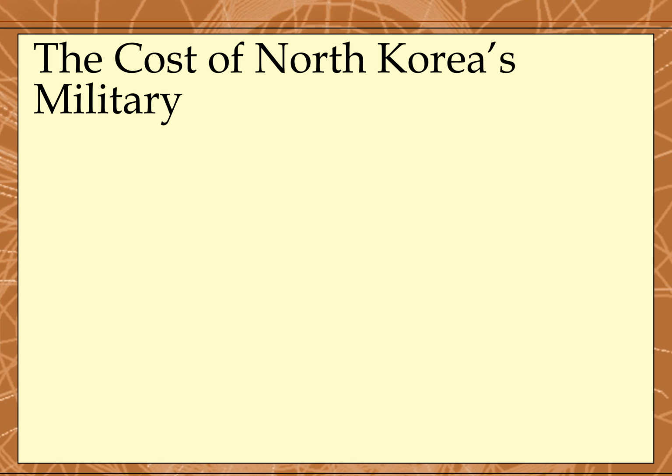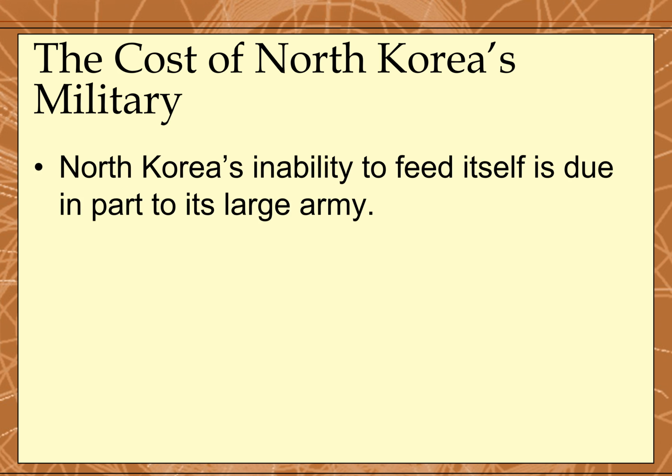Now, remember, opportunity cost is what you give up when you make a choice. When North Korea chooses to contribute more to their military, they give up more than what Americans give up, even though we spend more in dollar terms. North Korea is very, very poor.